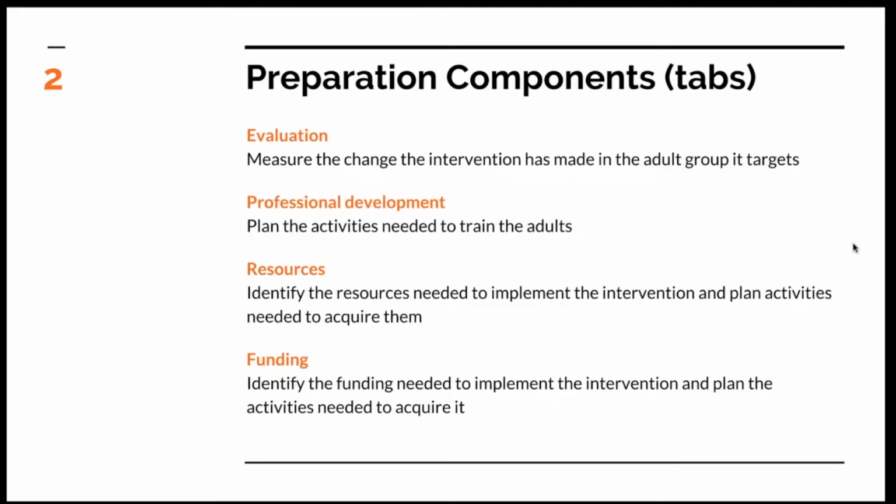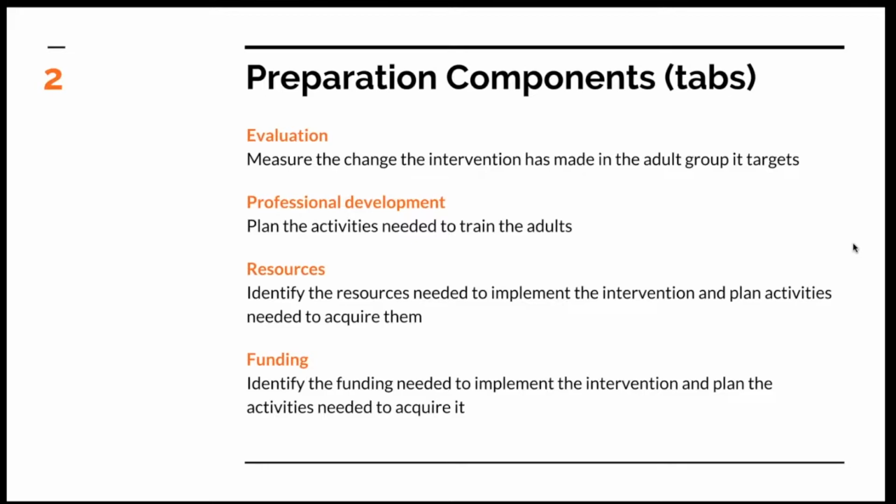With the preparation components, and these are those different tabs that Amy will show you here in a bit, you'll have an evaluation, and that's going to measure the change the intervention has made, and note this, in the adult group that it targets, not the kids. But remember, you first have to change the adult behavior before you can change what's going on with the kids.